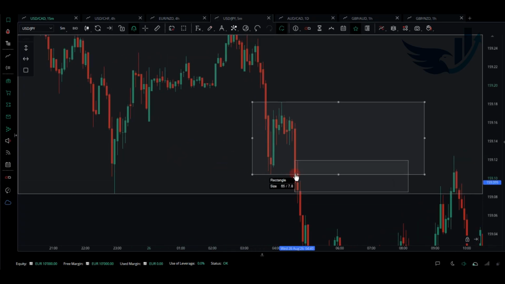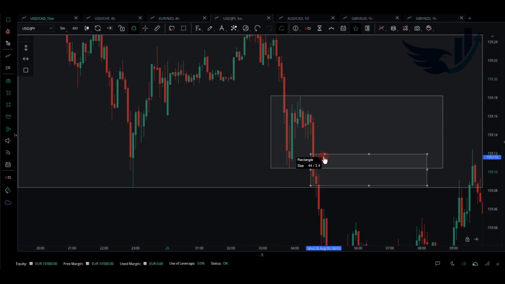But if this reaction was to the MPL, that means if this small comeback was for the MPL and the MPL was already consumed, we have to put our order here inside the second touch.